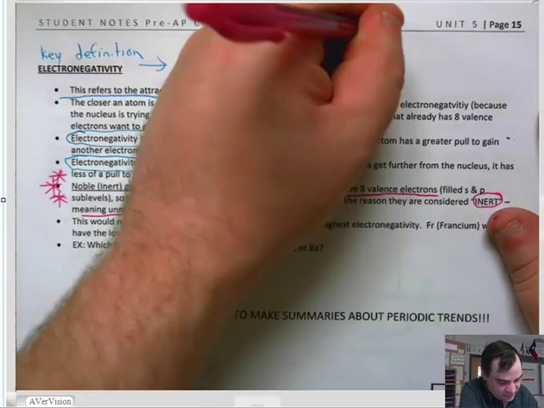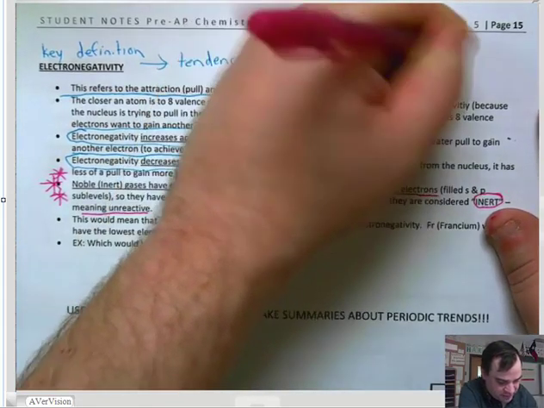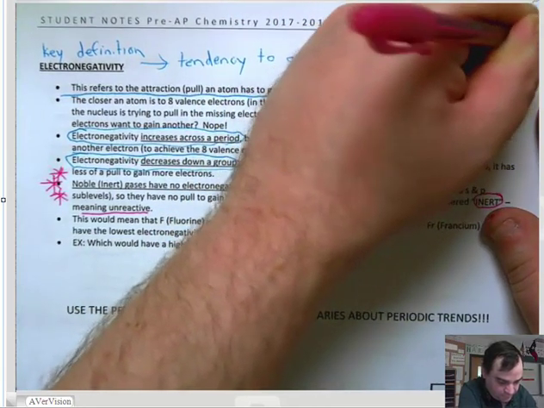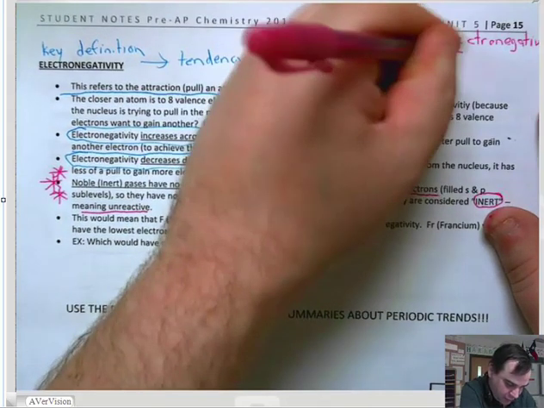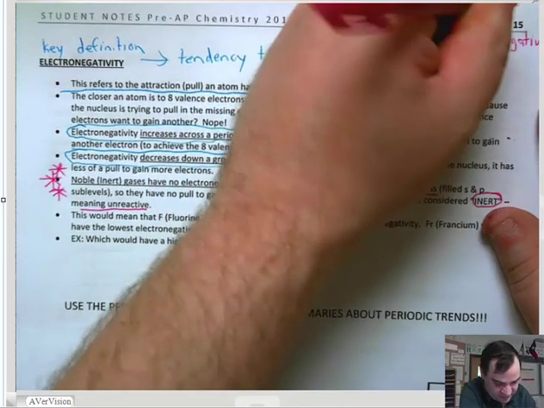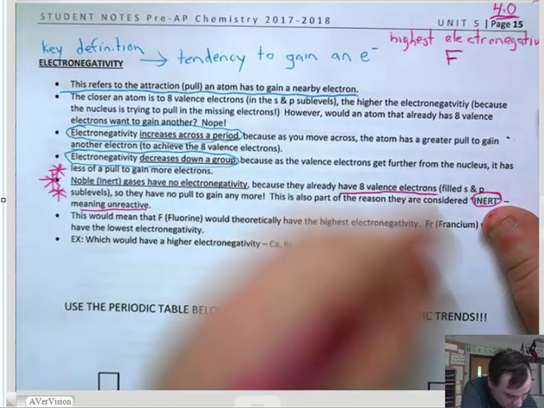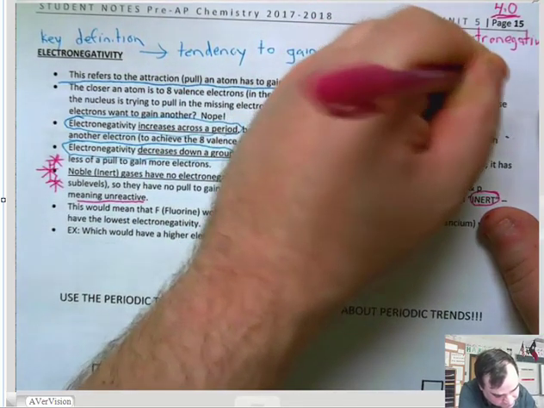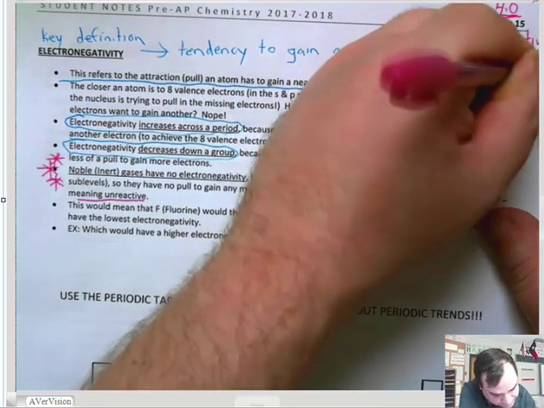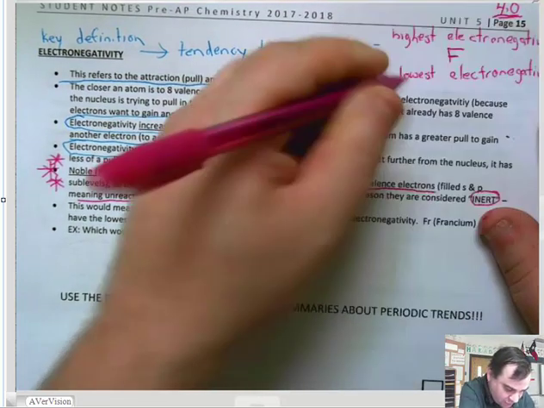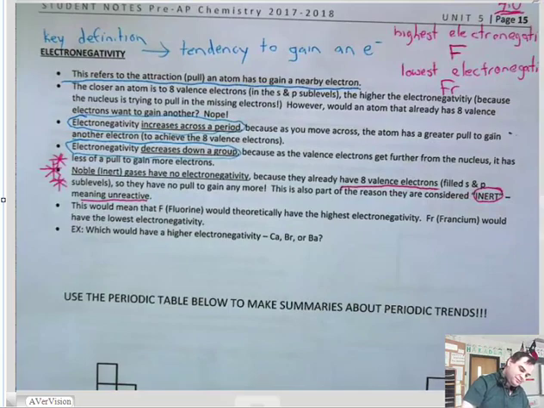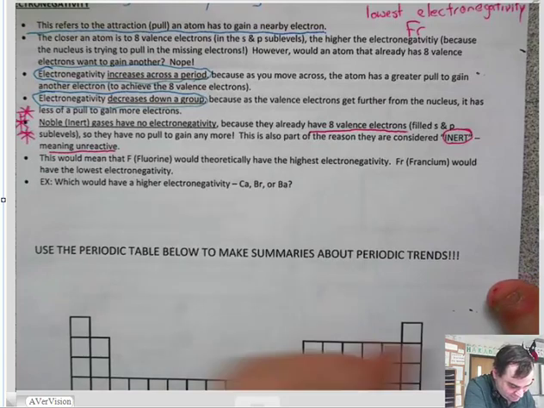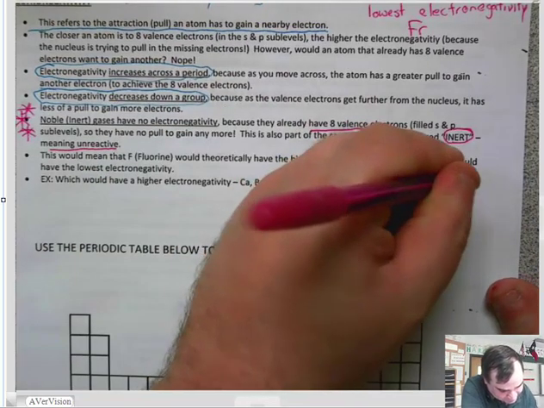So the highest electronegativity is for fluorine, which has a value of 4.0 according to Linus Pauling. The lowest electronegativity should be, you guessed it, my friend, francium. Okay? So if we're looking for a pattern for electronegativity here, we have fluorine here.